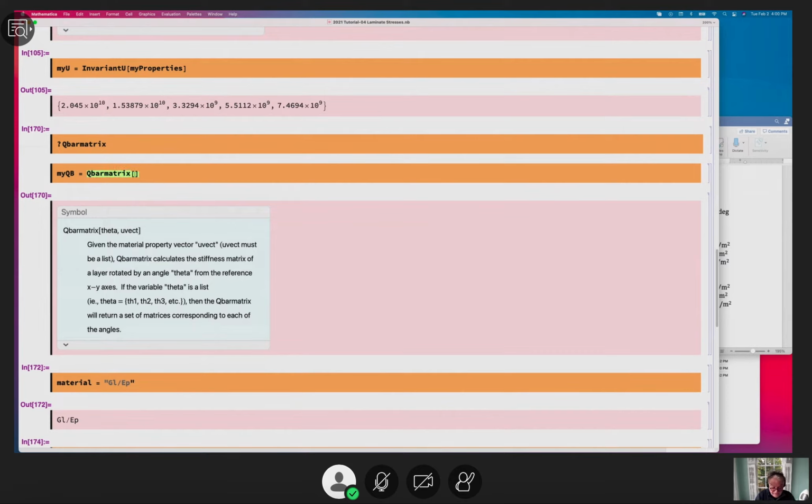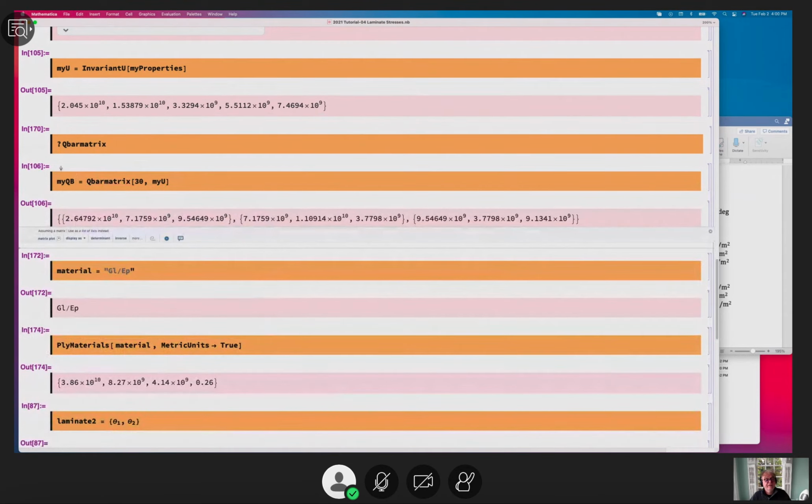And this was 30 degrees. And this was my U. And this is the Q-bar matrix for the 30 degree ply.